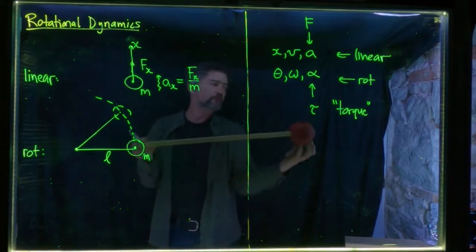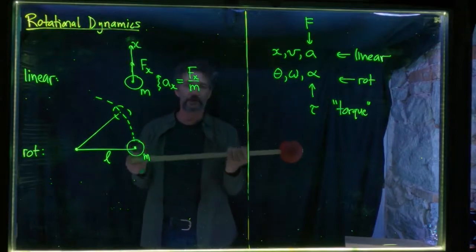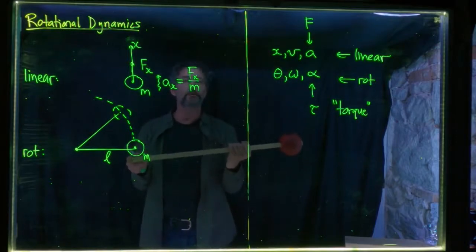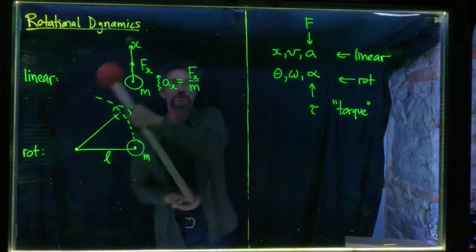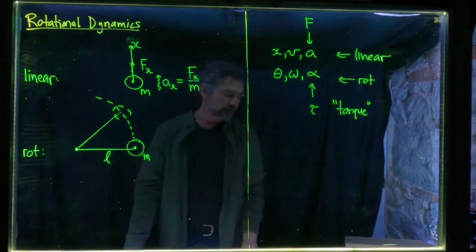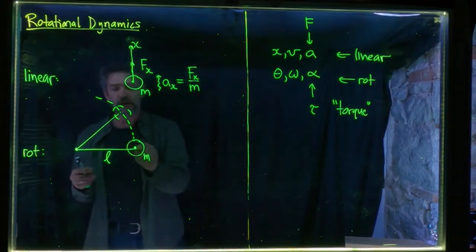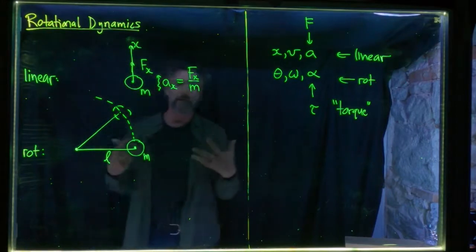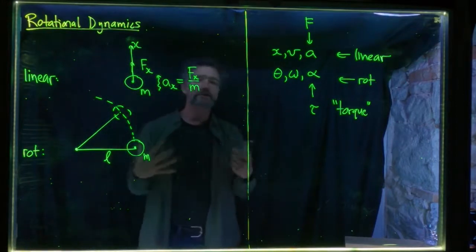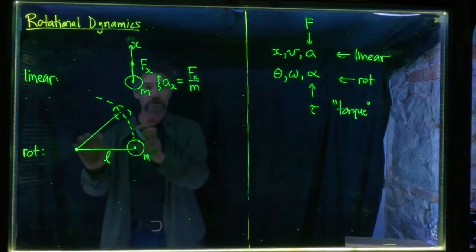We're going to apply force at the end here, and it's going to cause this very simple rigid body to undergo angular acceleration, to start spinning faster and faster around this axis. So why do we think of this mass connected on the end of a massless rigid rod as an elemental rigid body? Well, the answer is that any rigid body can be constructed out of a whole bunch of these guys.